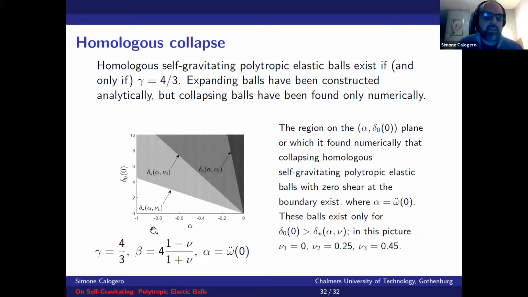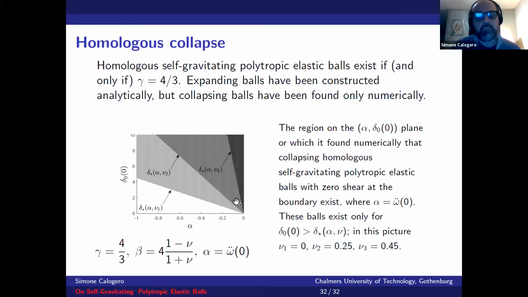They can be parameterized in many different ways. For instance, here I choose the central density at time 0, and this alpha, which is essentially the acceleration at time 0 of the boundary. It's negative here because I'm considering a collapsing ball. To have this solution, the density has to be sufficiently large compared to this acceleration.